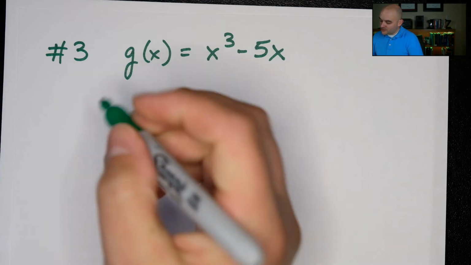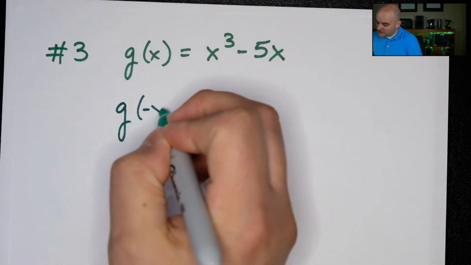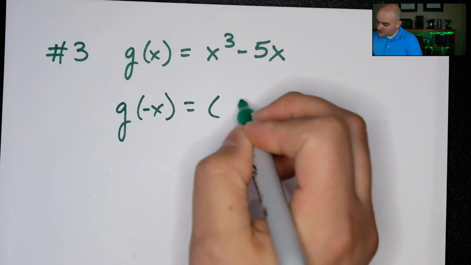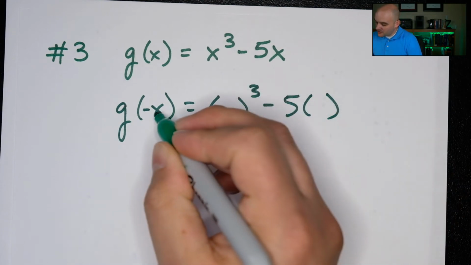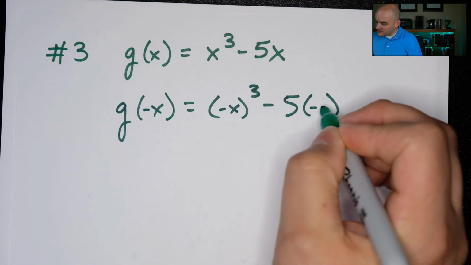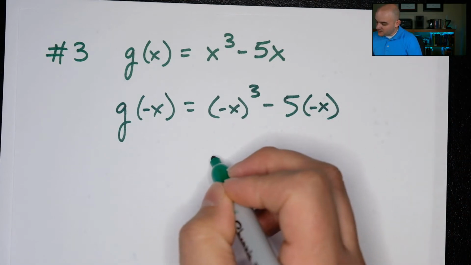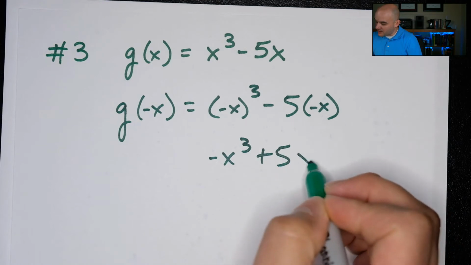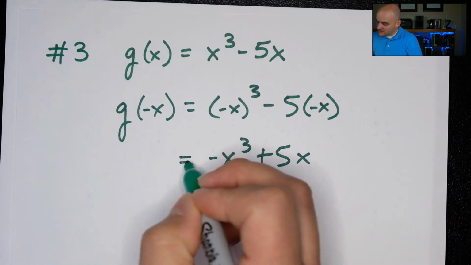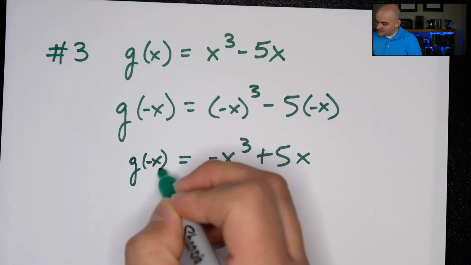Here we want the g of negative x. So I'm going to write out this function, and everywhere I see an x, I put a set of parentheses. And then I substitute negative x in for it. This is going to give me negative x cubed plus 5x. That is the g of negative x.